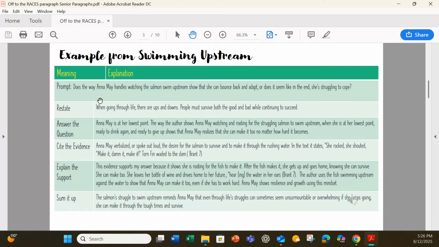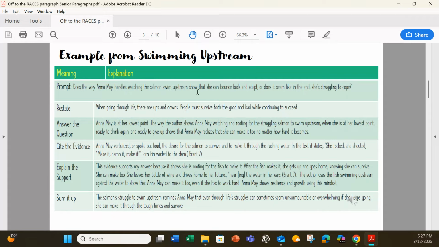Okay, so again, I need to have my topic sentence, my restatement of the question as a topic. So I went ahead and put something that sounds like bouncing back and adapting. Let's see what I wrote. "When going through life, there are ups and downs. People must survive both the good and the bad while continuing to succeed."